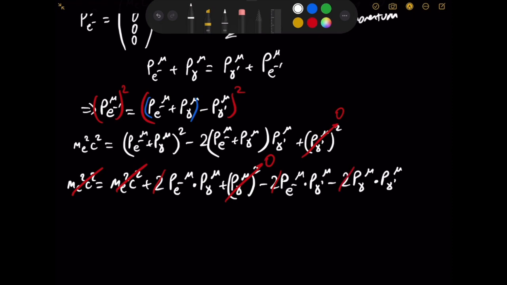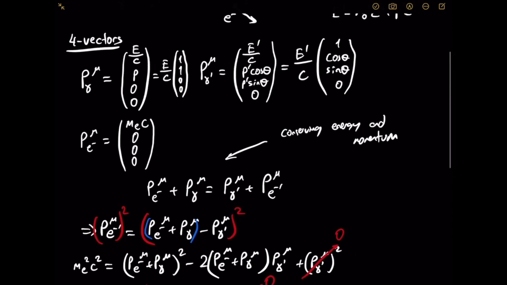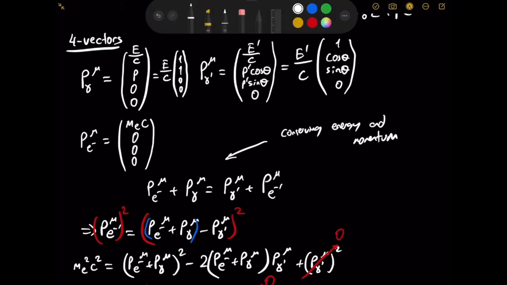Alright, so in this case we have 0 is equal to, well, how do we take this Minkowski dot product? Let's look at the four vectors that we have, and I will also make one little adjustment. This is, I think, what Planck suggested to explain the ultraviolet catastrophe. He suggested that energy is equal to h times the frequency, where h is Planck's constant, just a number, a constant with units, and frequency is just c over lambda.